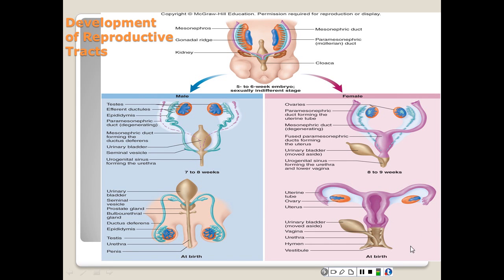At birth, you see that the paramesonephric has fully formed into the uterine tube. We have our ovaries on either side, and we have the uterus. So that's the difference between the male and the female. Make sure you know when this determination of male or female occurs, as well as what's disappearing and what is remaining. That will definitely be on your test.